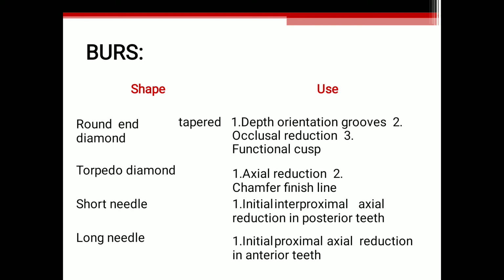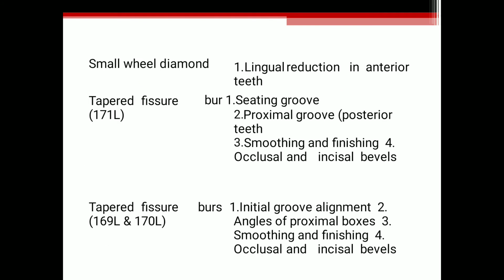For example, where are the round and tapered diamond burs used? They are used to place depth orientation grooves, and for occlusal reduction and functional cusp bevel. The torpedo diamond is used for axial reduction and when you give your chamfer finish line. The short needle is used for initial interproximal axial reduction in posterior teeth, the long needle for initial proximal axial reduction in anterior teeth, and the small wheel diamond for lingual reduction in anterior teeth.